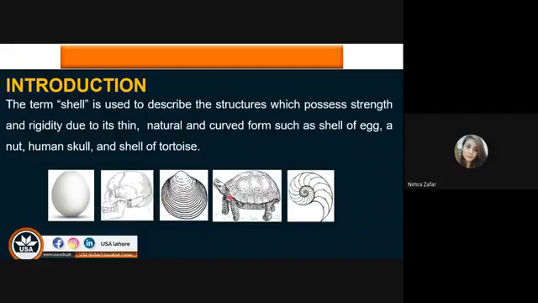So all of these are thin shells which are structurally very strong, and they provide their respective functions, like the purpose of the eggshell is to protect the egg yolk or egg white inside it, and the human skull protects the brain inside. So all of these things have their respective functions.